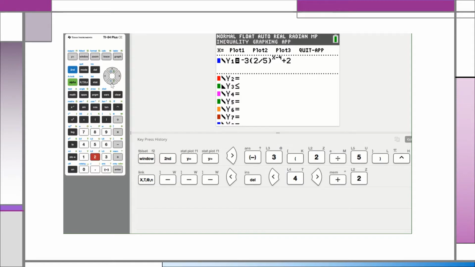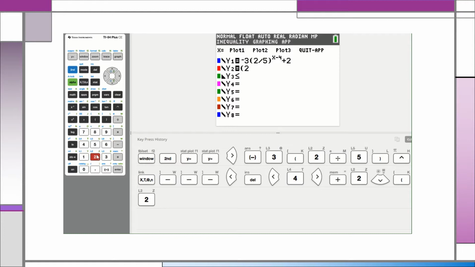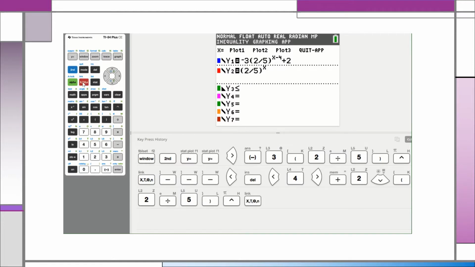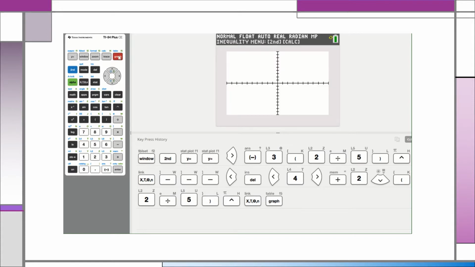I'm also going to graph just the base raised to the power of x, so we can evaluate some of the differences. I'll do that in y2: 2 over 5 raised to the power of x. Let's look at our graph. Here comes the one with my transformation.